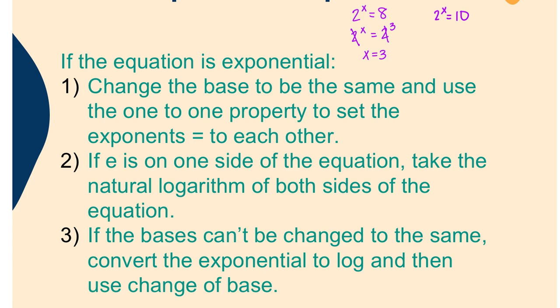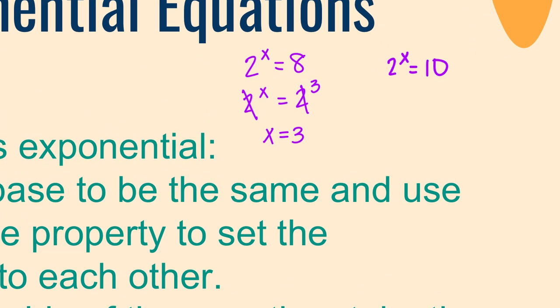Now, we have to figure out, how do I solve for x? I can't use the base of 2 like I said, so I'm using natural log. And just as an example, what I do to one side, I have to do to the other. So if I'm using ln, I have to do it to both sides, and then I'm going to move my exponent to the front and solve it that way.